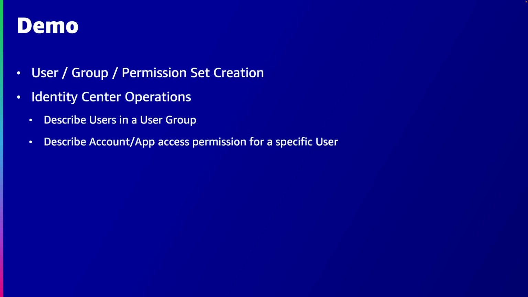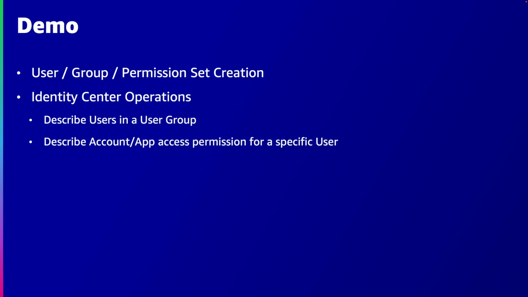Some of the steps that we will go through in this demo are that we will showcase the users, groups, and permission set creations within the console from your AWS account. And then we will showcase how to utilize the IAM Identity Center API interface to interact with the service automatically.